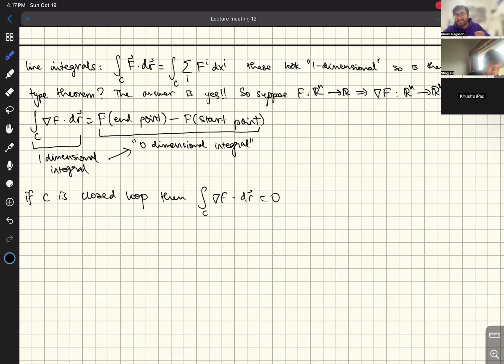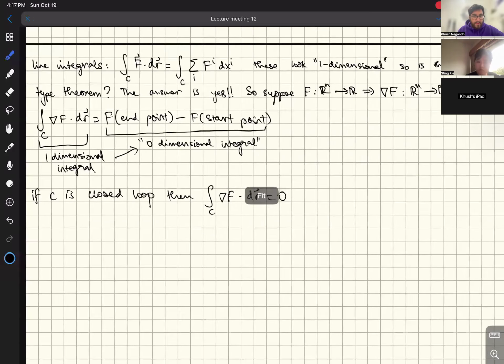Cohomology is a way to measure holes in manifolds using integration. Just think of cohomology as telling you if I have a hole of a certain dimension in my space.